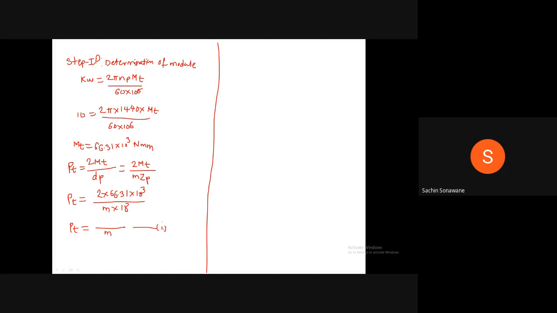Calculate 2 into 66.31 into 10 raised to 3 divided by 18. What is the answer? 7.36 into 10 raised to 3. Yes, it is correct. This is equation 1.